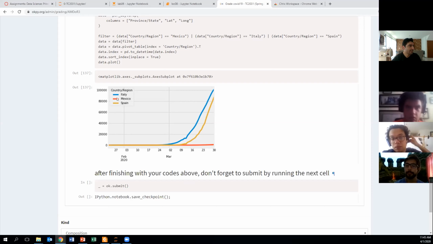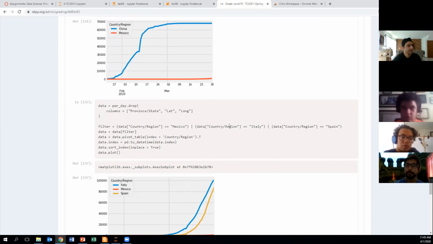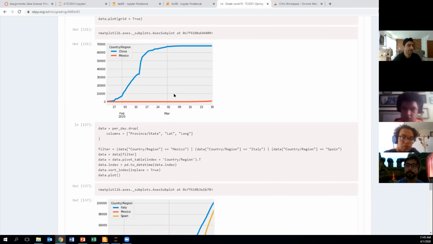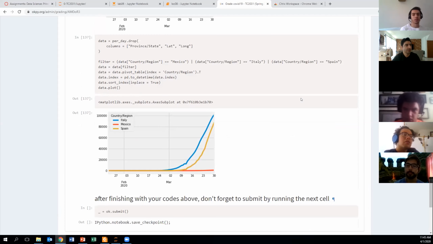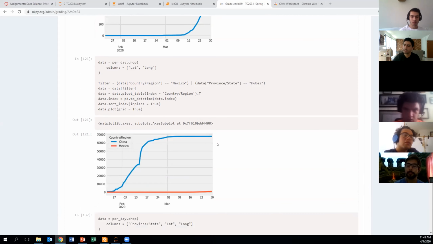And this one is country region, Italy, Mexico, Spain. More or less the same thing again, what I've observed here. Another thing is, for example, comparing this, even if you put the first date, you need to do one more thing. What I would do is number of infected people per capita, because China is 1 billion people, Mexico is 130 million.